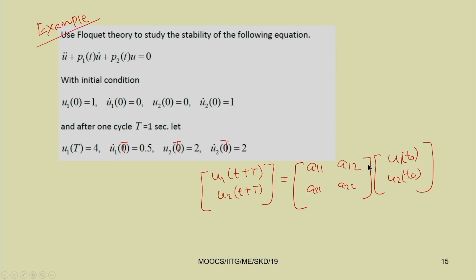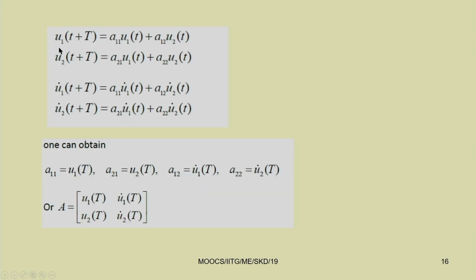You just see we have 4 unknowns: a11, a12, a21, a22. So, we require 4 equations. We have taken 2 from u1(t), u2(t), and another 2 we can take from u1 dot(t) and u2 dot(t). So, we can write u1(t+T) equal to a11 u1(t) plus a12 u2(t), u2(t+T) equal to a21 u1(t) plus a22 u2(t).